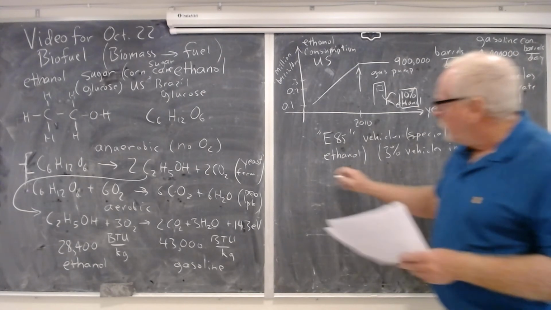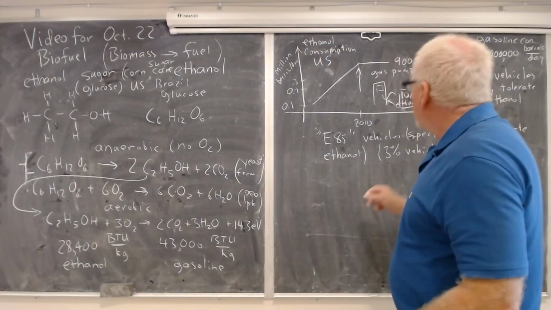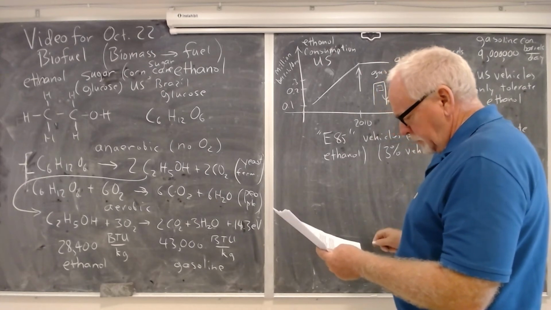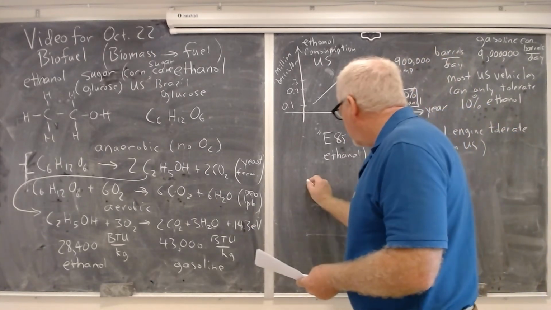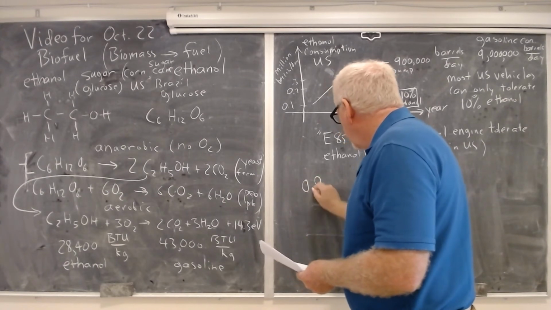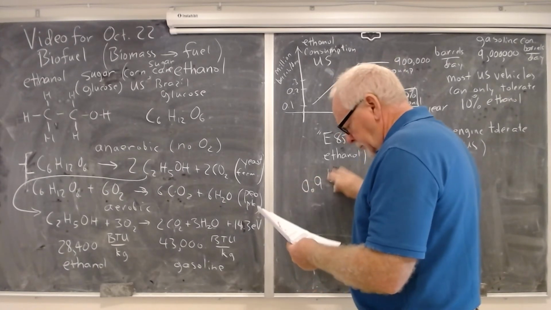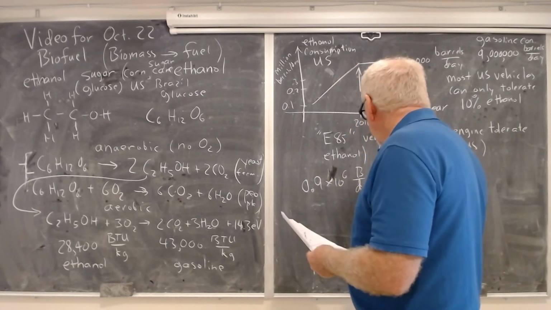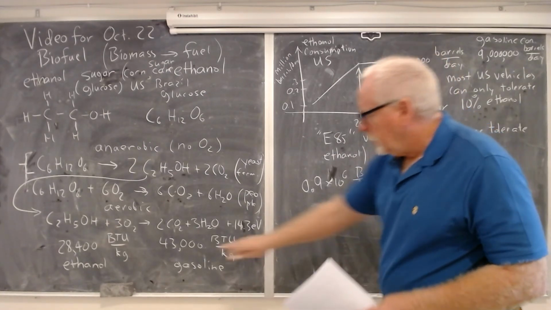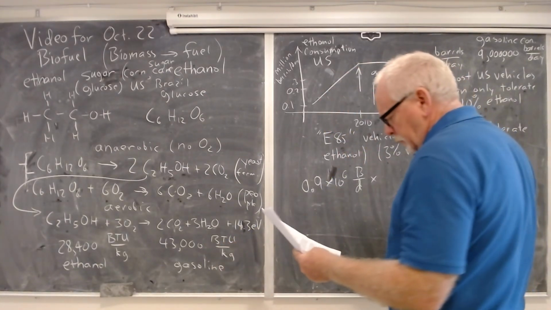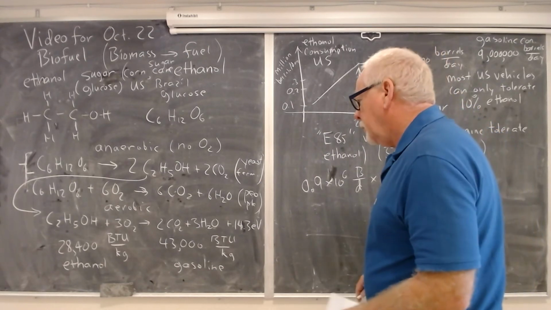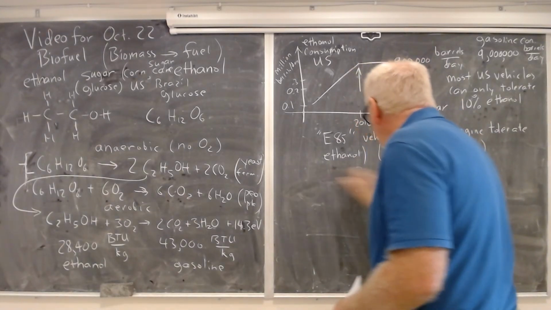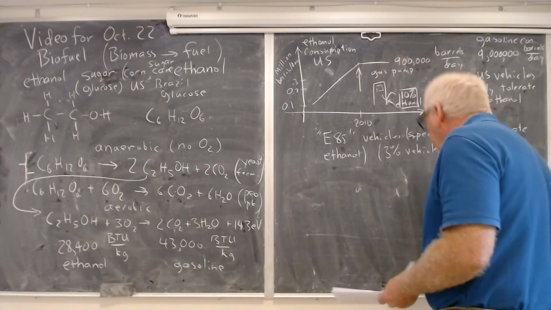Now, how does it work out in quads? Well, basically, this is about 0.9 million barrels per day, times, let me first do that calculation and I'll just write it down.